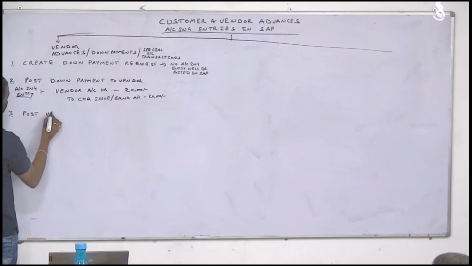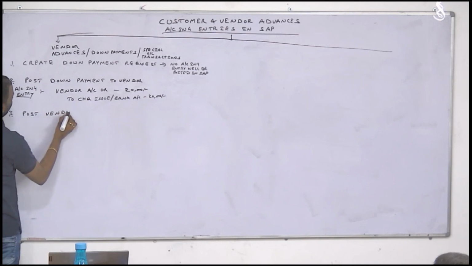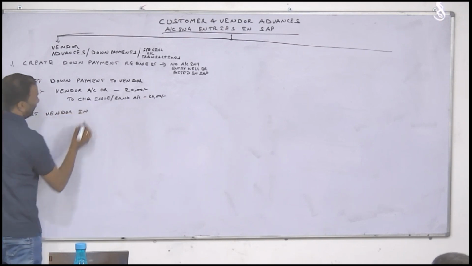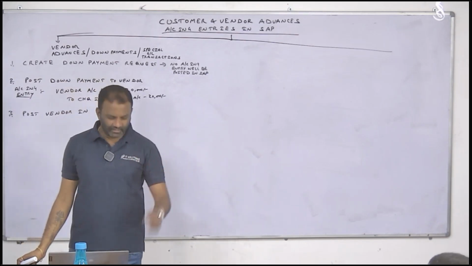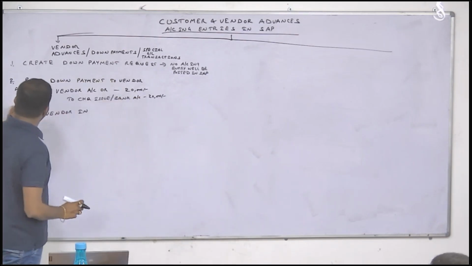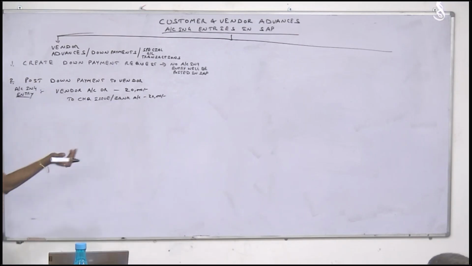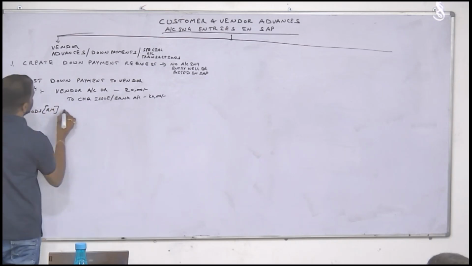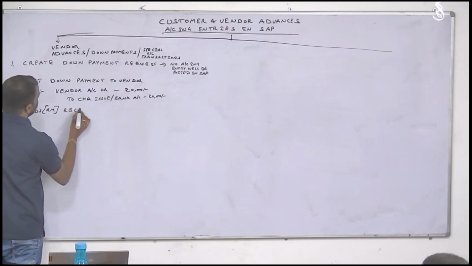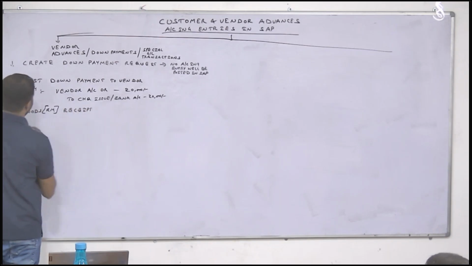Post vendor invoice. We will receive the material. That is a different thing. If you receive the material and go in the proper way through logistics, what is the accounting entry? Goods received.